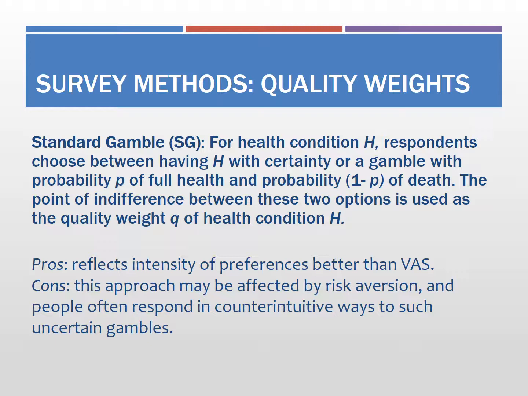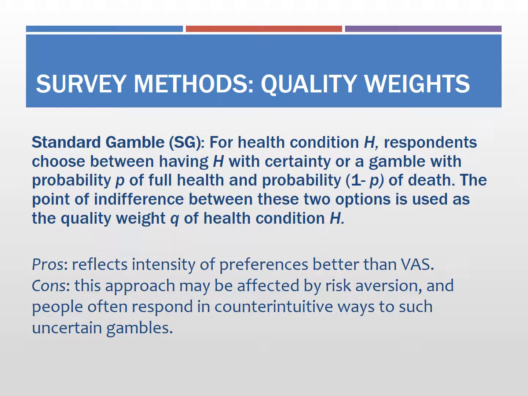So basically the patients have to choose whether to be fully healthy with some probability, and with 1 minus that probability to be dead, or maybe just stay where they are right now, sick, with a certain outcome.